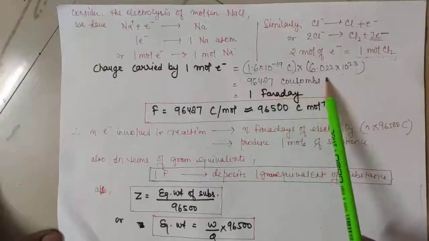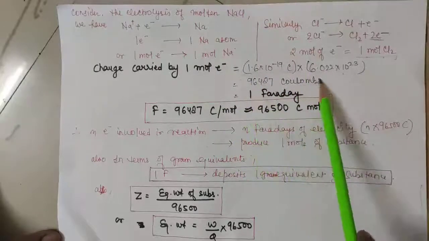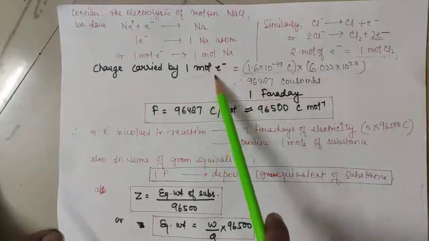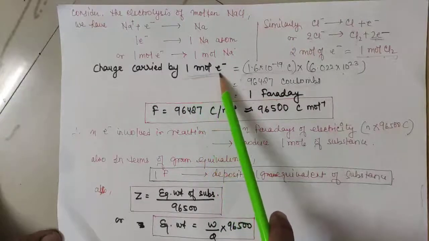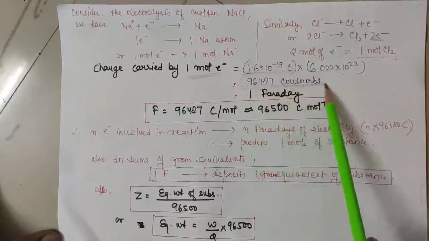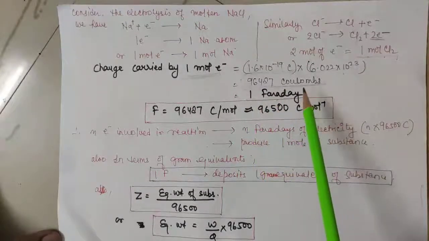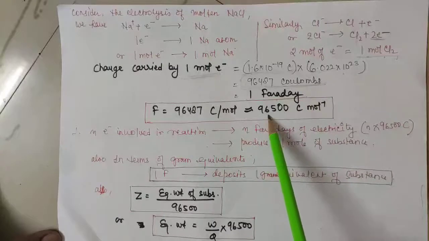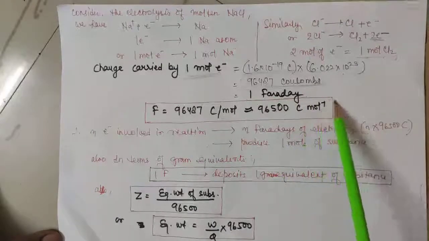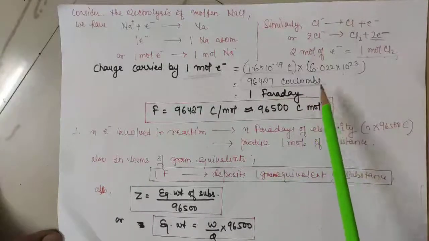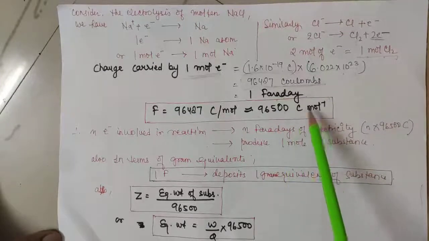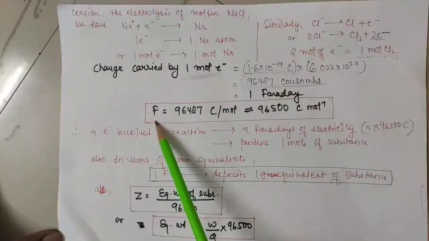This amount of charge is equal to 1 mole of electrons, and this is known as 1 Faraday. For convenience, we will use 96500 coulomb per mole of charge as 1 Faraday.